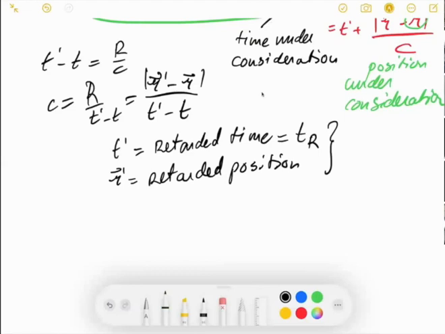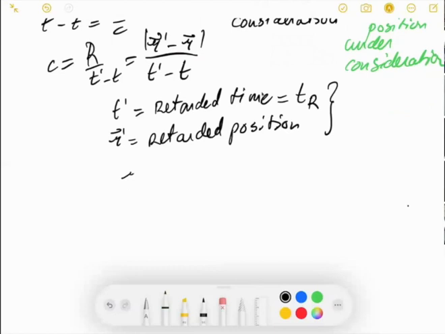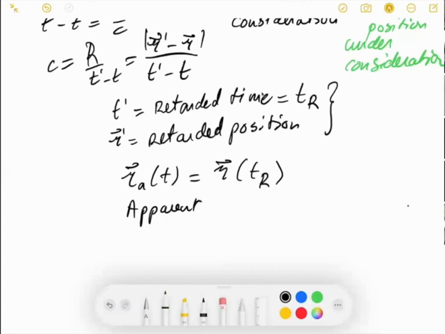Okay, so together we call this thing ra of t the apparent position, which is therefore the position of the particle that it had at the retarded time, and we call this the apparent position.